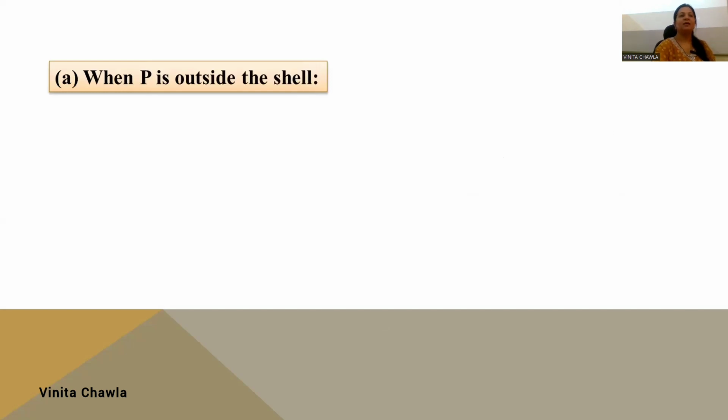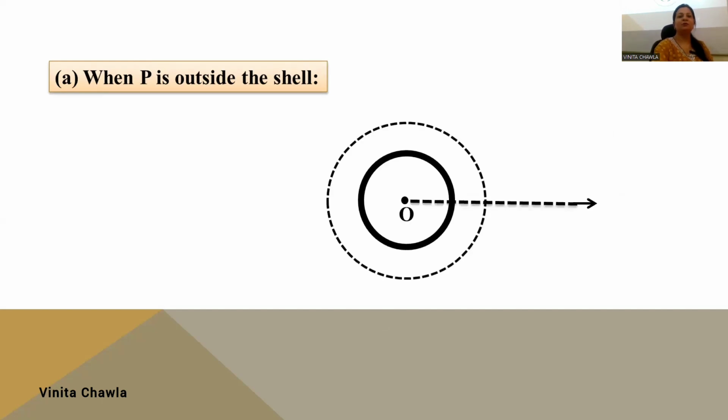So when P is outside the shell, we have this point P. This is the center and this point P is outside the shell. This is the spherical shell and point P lies outside the spherical shell. Distance from the center to the point P is, let's say, r, small r. We will consider a Gaussian surface which passes through the point P outside the shell.